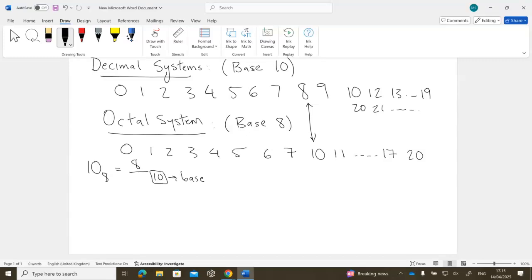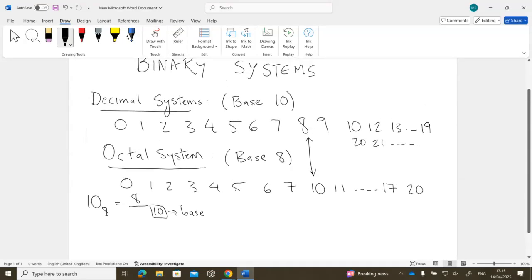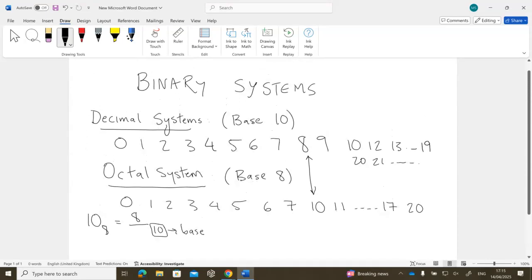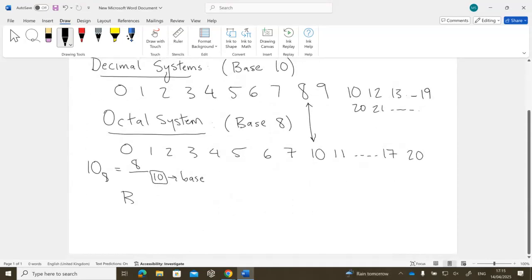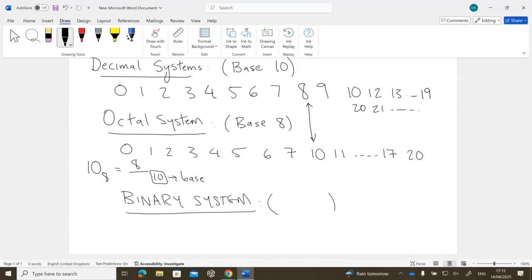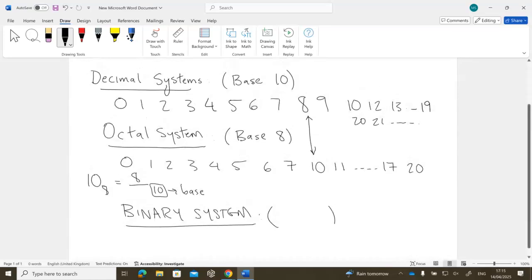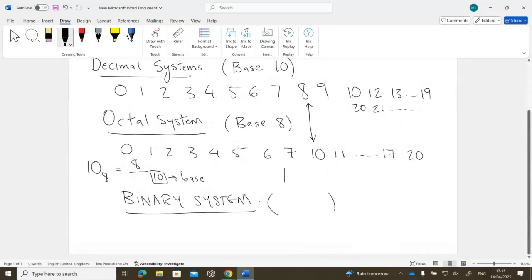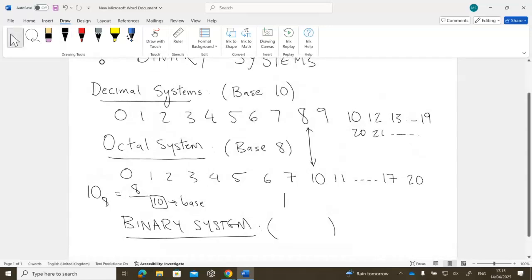So the main system we are interested in is the binary system. So binary system is what base? This is base 2.